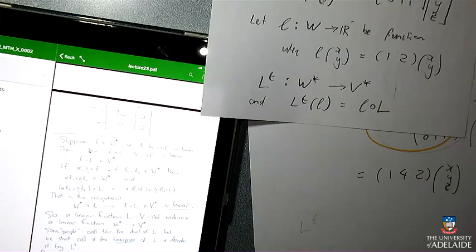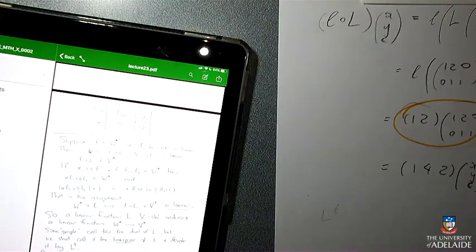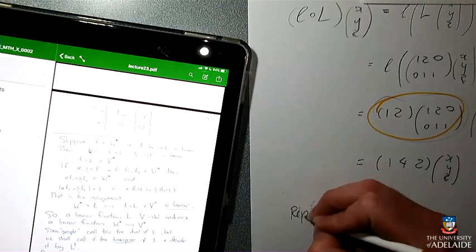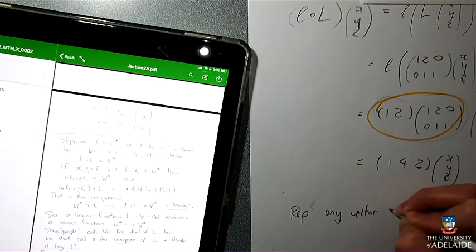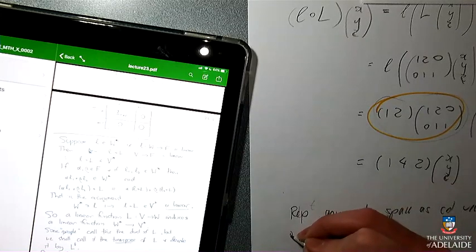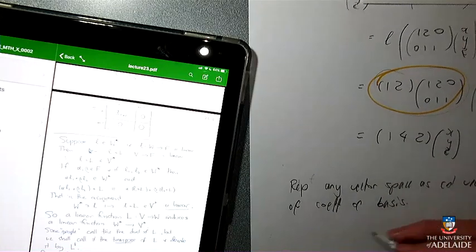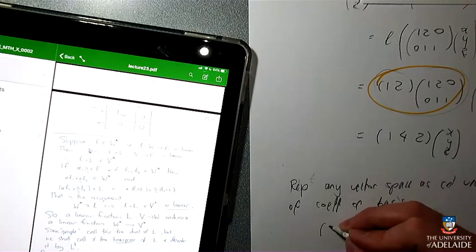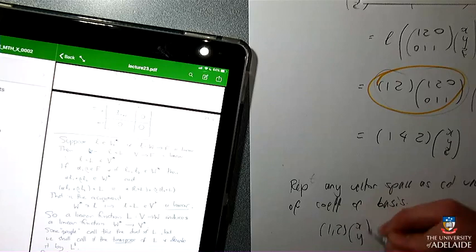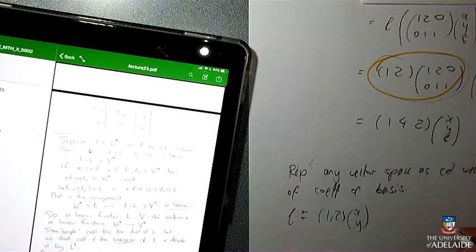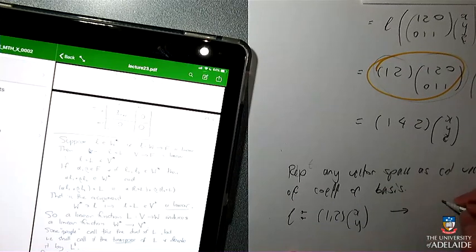I can represent any vector space as column vectors of the coefficients of a basis. And so I could think of 1, 2 times xy, which is what l was, that function, as the vector 1, 2.